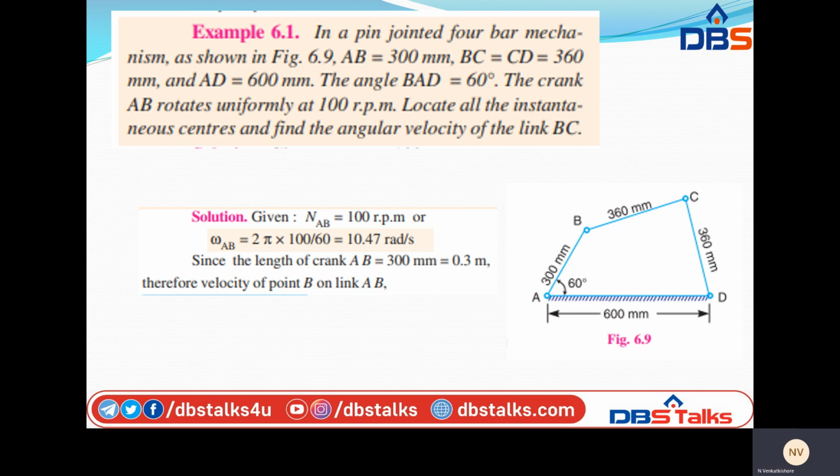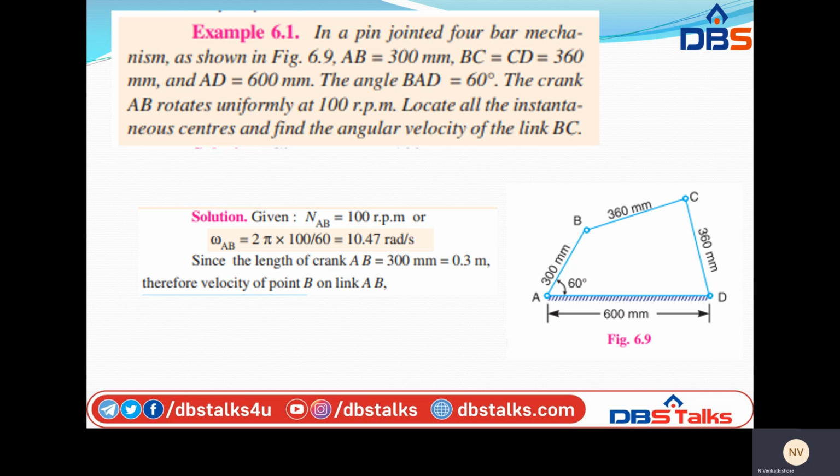So firstly, draw the given data. What is the number of links? Here 4, and their lengths are also given. So try to note down all the values, that is AB, BC, CD and AD, and the AD link is fixed. Like that, you have to frame the question for the solution. Then what is the next one? AB rotates uniformly at a speed of 100 rpm. So the rotating speed for link AB, NAB, is equal to 100 rpm.